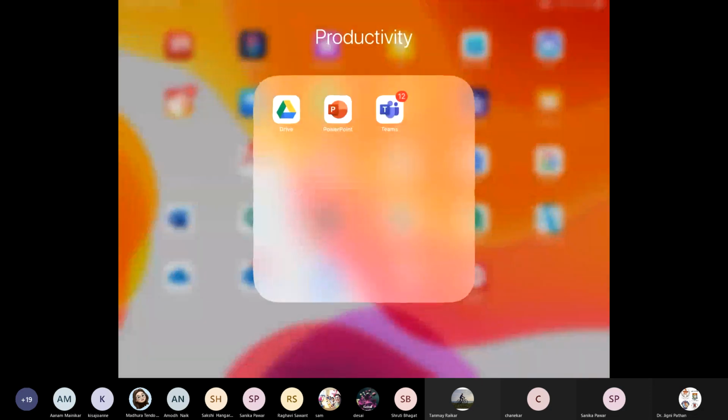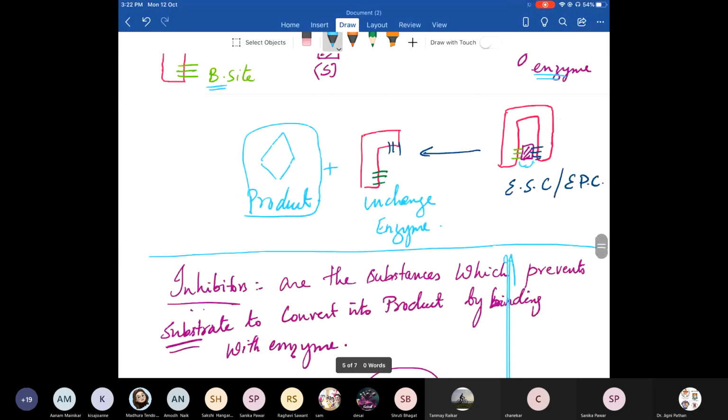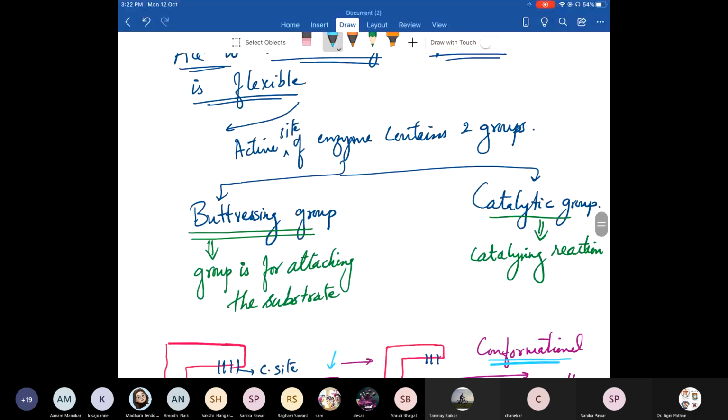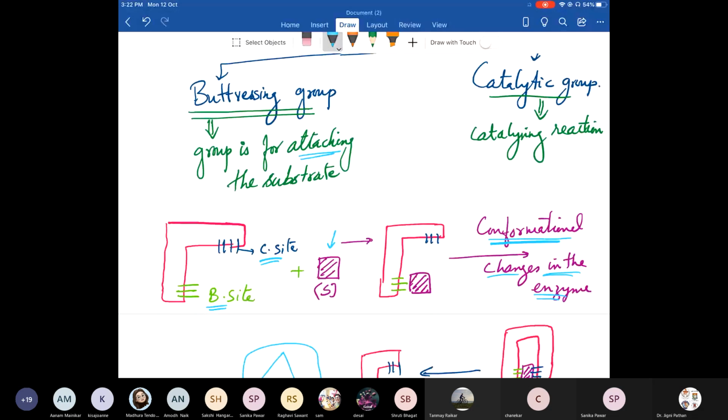See, listen. Others, please revise. The active site has two groups. One is the buttressing group, the other is the catalytic group. The buttressing group is for attaching the substrate, and the catalytic group brings about the catalytic reaction that converts the substrate into product. To the buttressing group the substrate molecule goes and binds, and this brings about the conformational change in the enzyme.